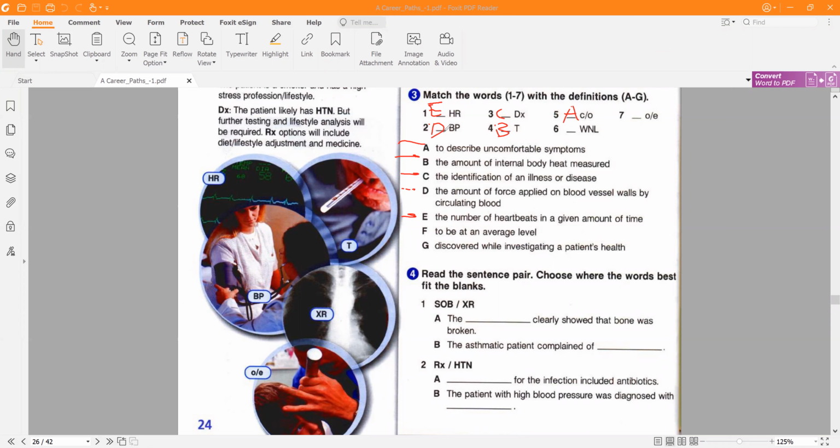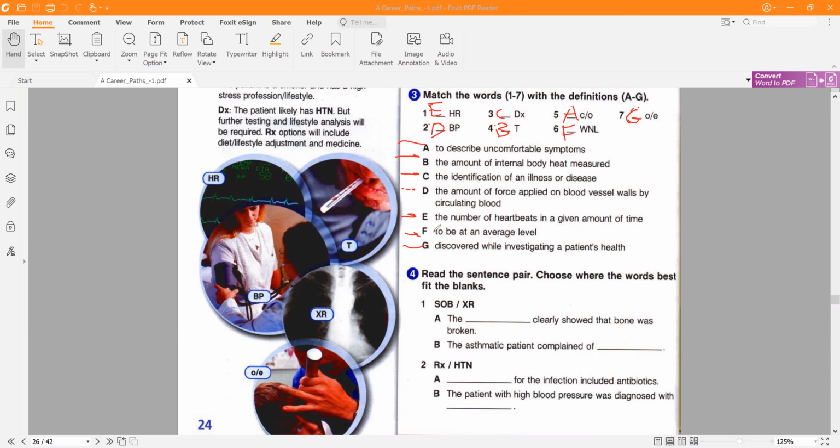And number 6, WNL is F, to be at an average level. So this is F. And OE is finally is number G. It is the discovered while investigating a patient's health. Okay. Number 7 is G, yes.